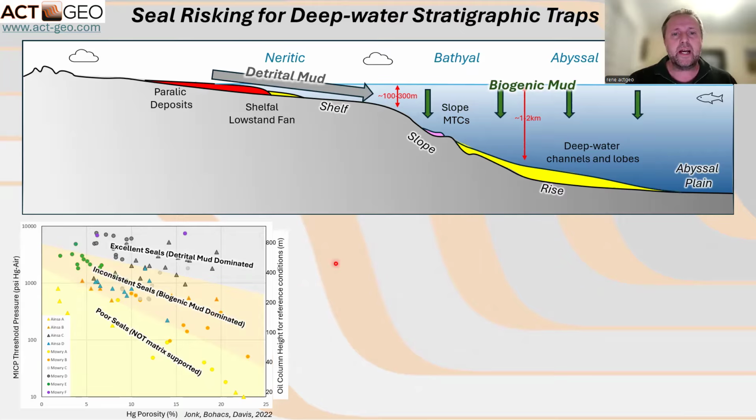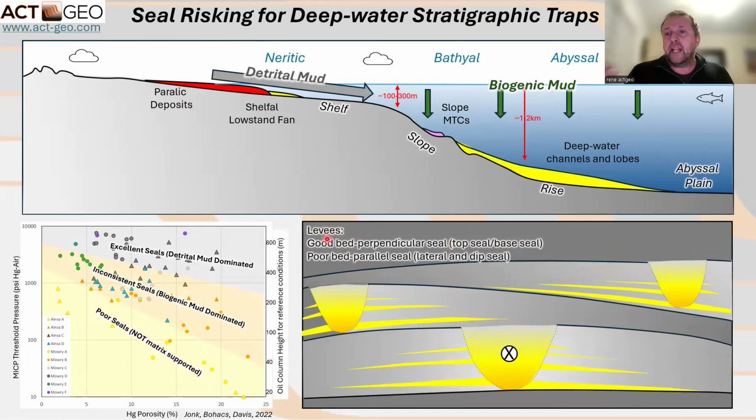Okay. So what kind of seals do I get in the deep water? Levees, right? So the fine-grained part of constructionally confined depositional systems. Levees are really interesting because very often in structural traps and combination traps, they're filled with hydrocarbons. And they connect into the main channel part.